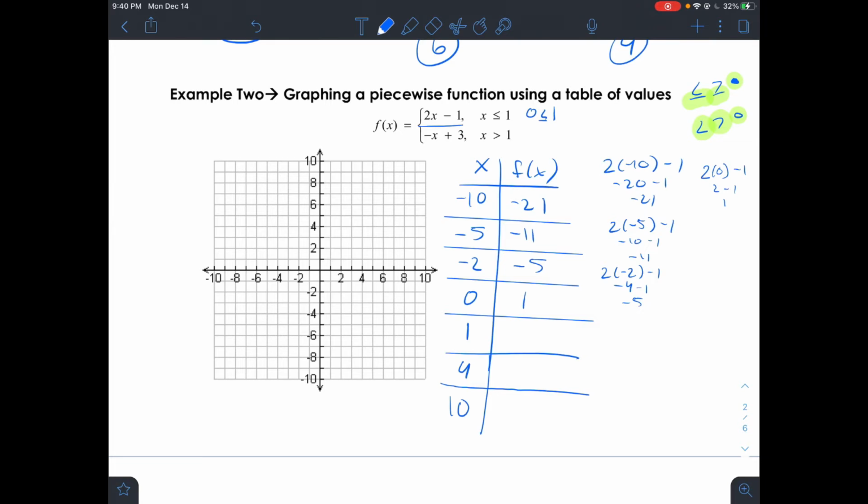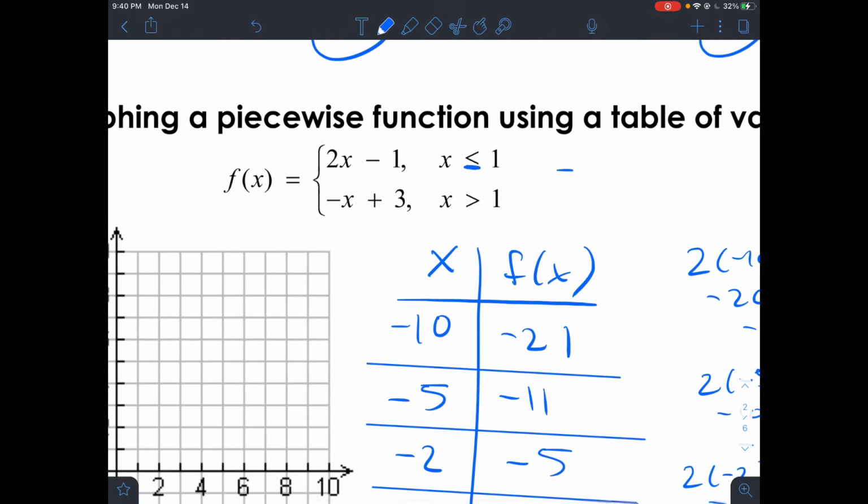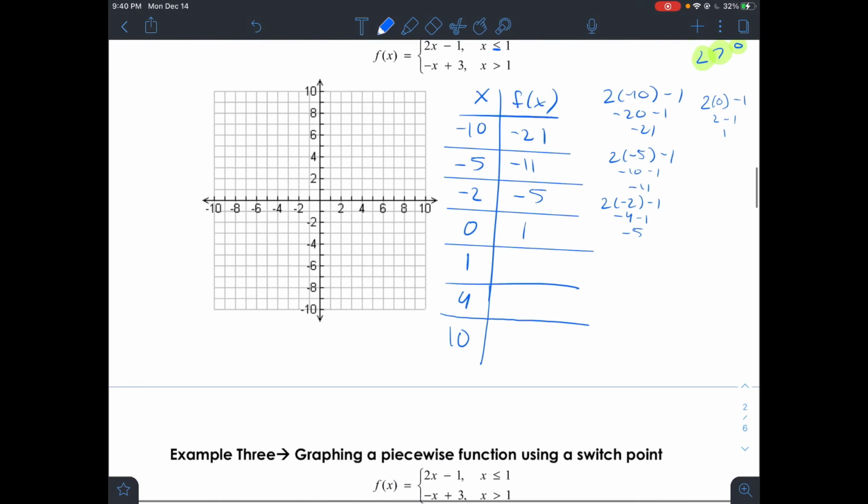Now we've got 1. And this is where it gets a little tricky, right? We have to decide which function are we going to use at 1. The equal to tells you which one you're going to use at 1. So since it's equal to 1, we're going to use the first function. All right? So we're going to do 2 times 1 minus 1.